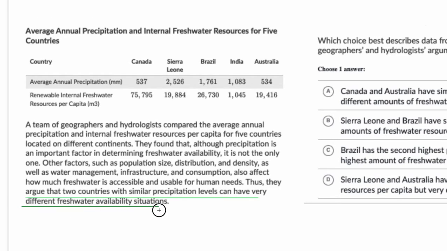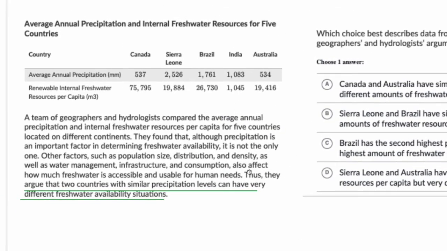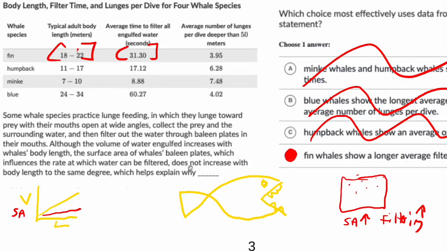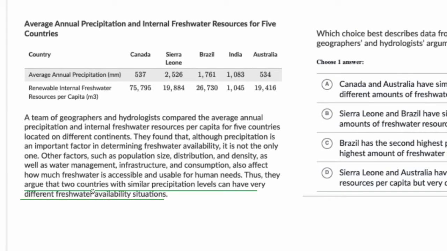Sometimes it's a little easier when you have the full statement to support than when you have a blank. In this case, 2 countries with similar precipitation levels. That gives us something to look at to begin with. What are 2 countries with similar precipitation levels? Not India. Australia and Canada, right? Australia and Canada have very similar precipitation levels, but very different freshwater availability situations. Here, we're not going to have to check for accuracy, I don't think.